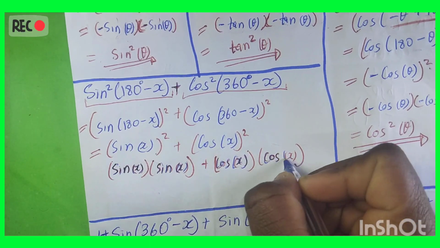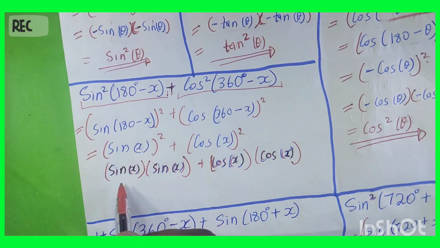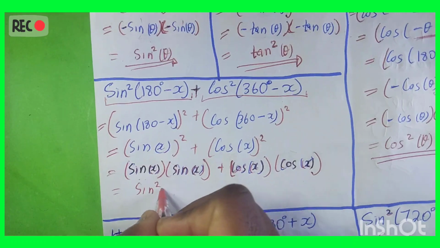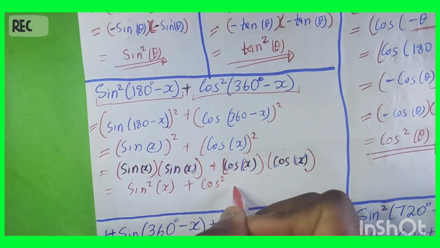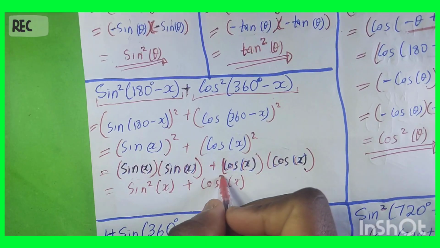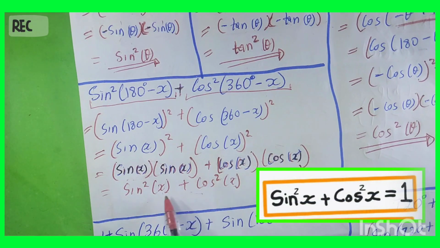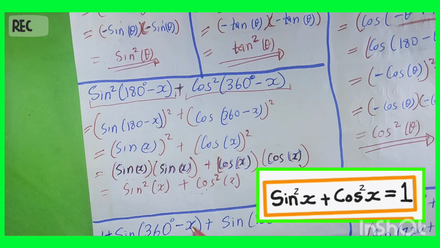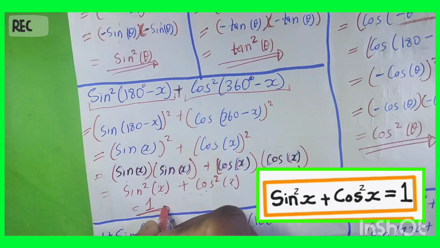Why am I doing this? Because I know these learners see this. So when I multiply them, they will give me positive sine exponent 2 x, and plus cos exponent 2 x. But now do not forget, guys, that this thing is an identity. When I add all of this, it's supposed to give me 1 as the final answer. Meaning this thing is 1 as the final answer. Do you see?